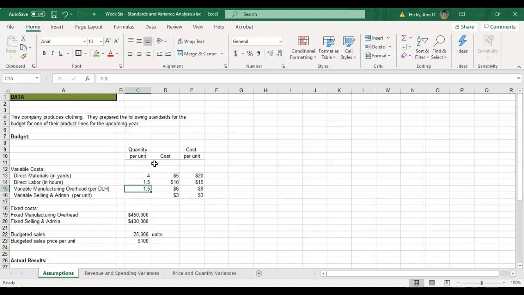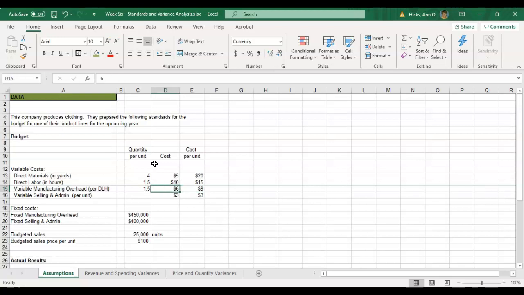And then we did the very same thing for our variable manufacturing overhead, which, remember, we determined we would be allocating based on direct labor hours. So our standard for the allocation base is the same as our standard for direct labor, 1.5 hours per unit. Our cost, which is effectively the variable portion of our predetermined overhead rate, is $6 per hour, and that gave us the anticipated variable manufacturing overhead cost per unit of $9.